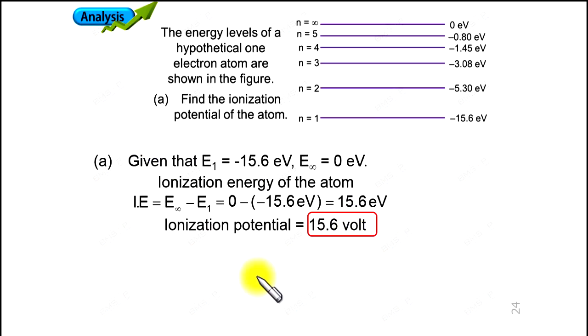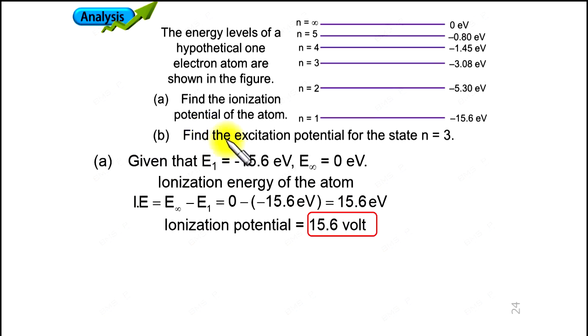Now let us move to the B part, that is to find the excitation potential for the state n equal to 3. For n equal to 3, the energy related with n equal to 3 is minus 3.08 electron volt. And we know excitation energy. For calculating excitation potential, again we need to find the excitation energy.